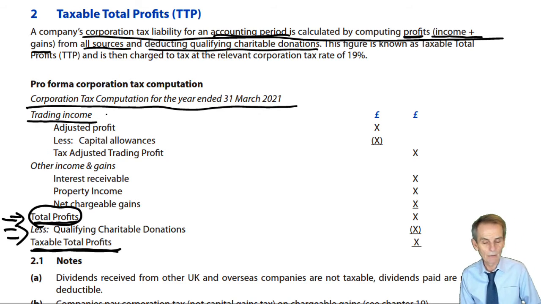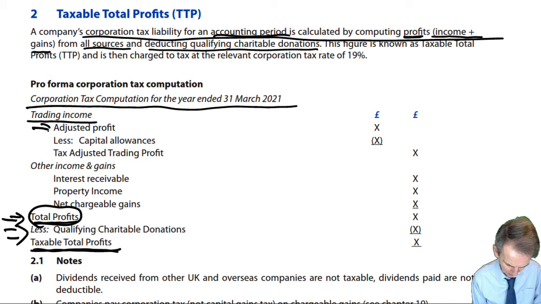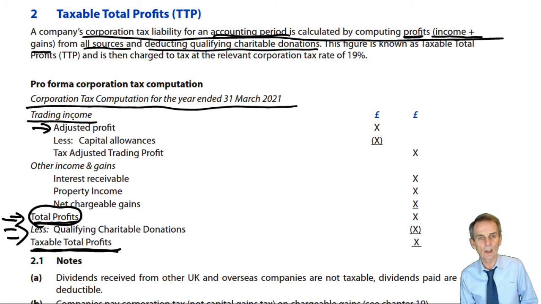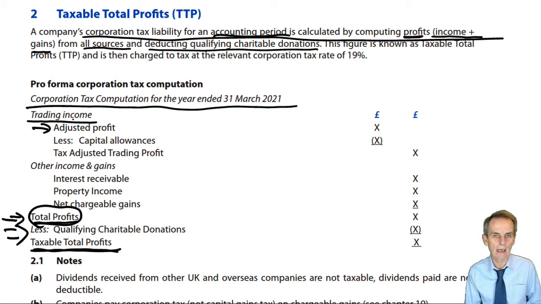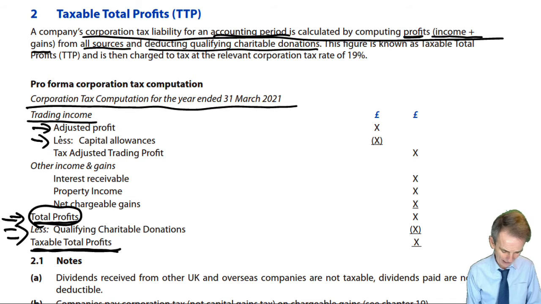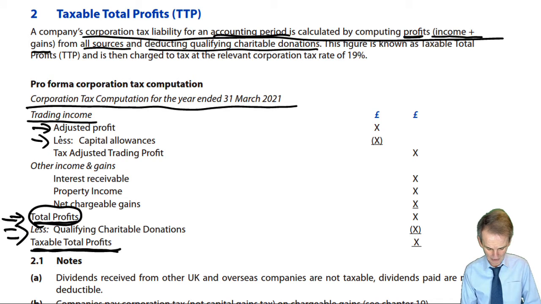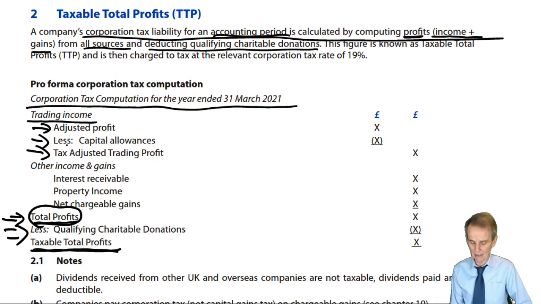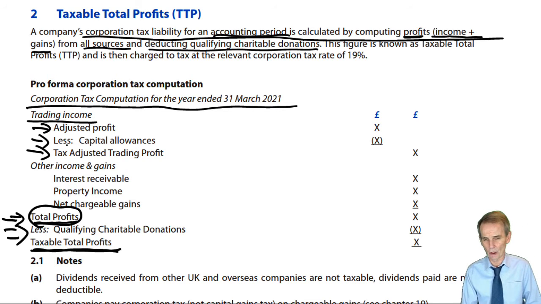And hope you have revised through chapter 4 to deal with the adjustment of profit to give you an adjusted profit figure. Before that is the deduction of capital allowances. For that, you had to refer back to Chapter 5. Having got the capital allowances for this accounting period, we take those from the adjusted profit figure, and that will give us the tax adjusted trading profit, or potentially even tax adjusted trading loss.